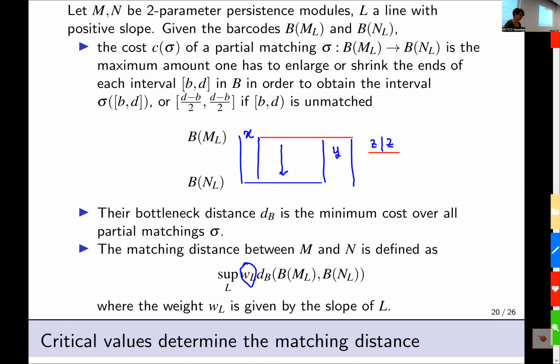And then I take the supremum over all the possible lines that are infinitely many.